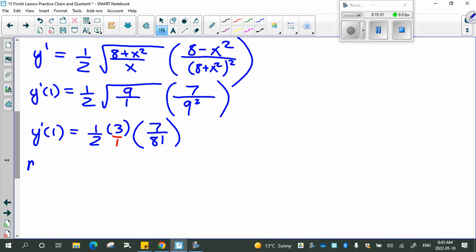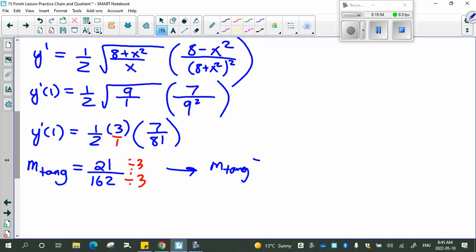So m tangent is going to be 21 over 162. And I know that reduces because I know 3 goes into 81. So it's going to give me m tangent is 7 over 54.